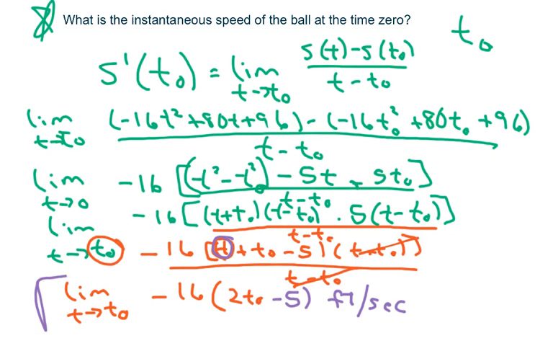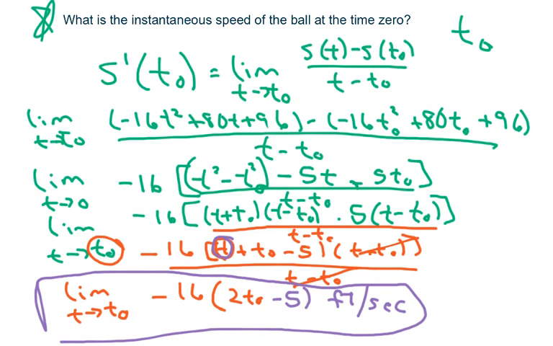So this is the formula you want. Therefore, the instantaneous speed of the ball at time t is this formula.